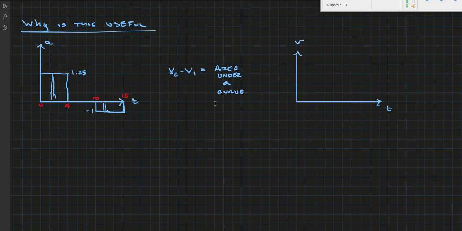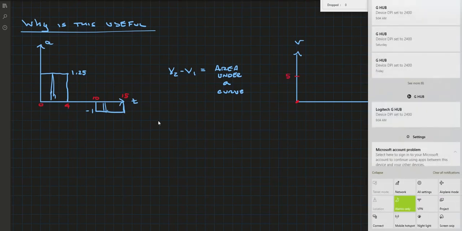So I can figure out then that my first point of velocity we know is going to be 0. Then my second point of velocity over here is going to be the area of this first box over here. So 1.25 times 4 equals 5. So let's put a value of 5 here.